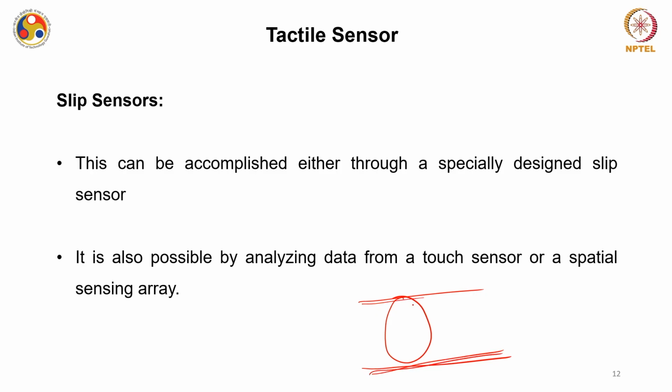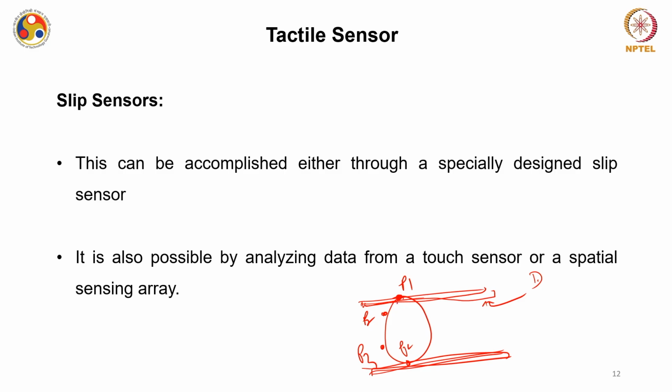Now I have a spatial sensing array placed on both these planes, and it is capturing data. Say this is point P1 on this object, this is point P2, this is point P3, this is point P4, and so on.